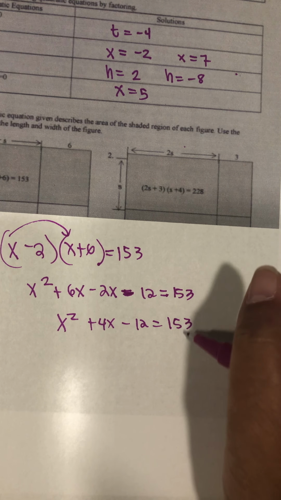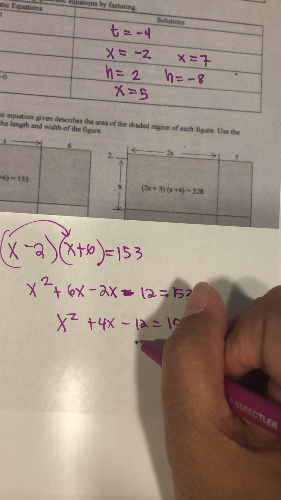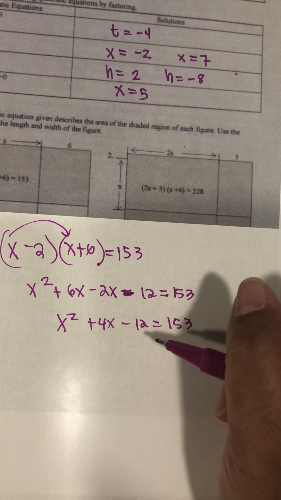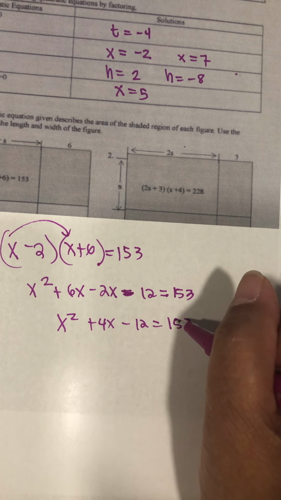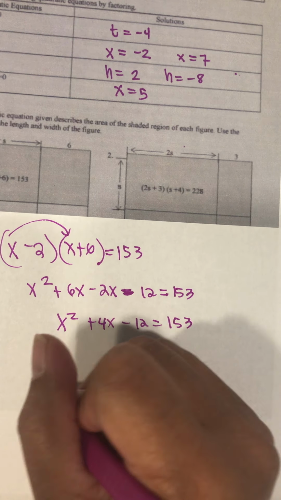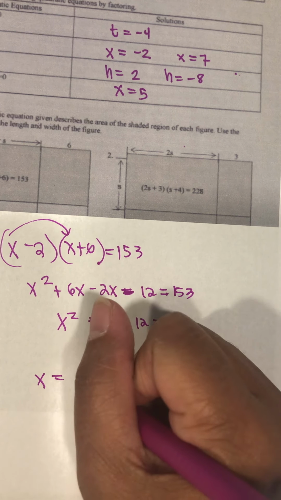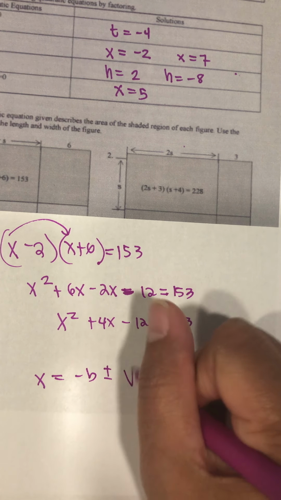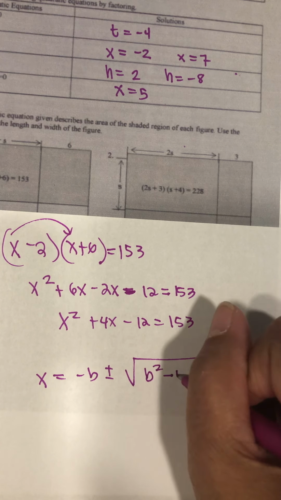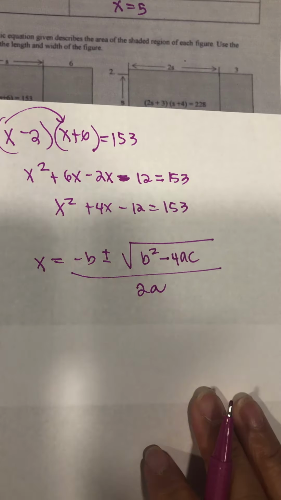If you do completing the square, this would have been over here. No, we can't because like I said, this is a very big number here. All right, so let's do quadratic equation. X equals negative b plus minus square root of b squared minus 4ac over 2a. So this is your last resort.